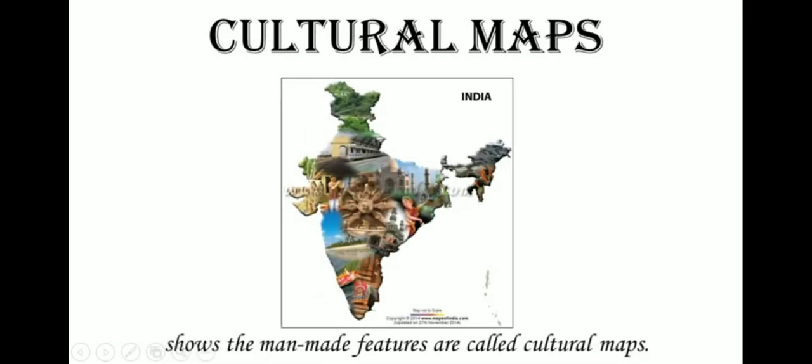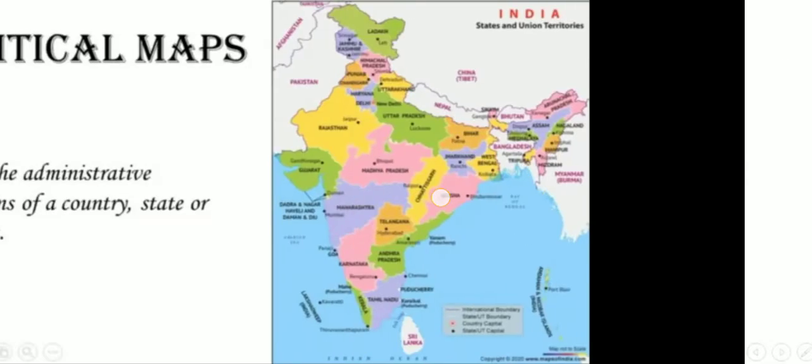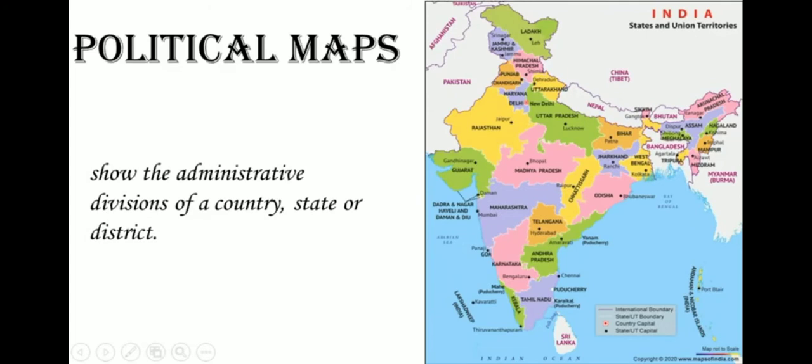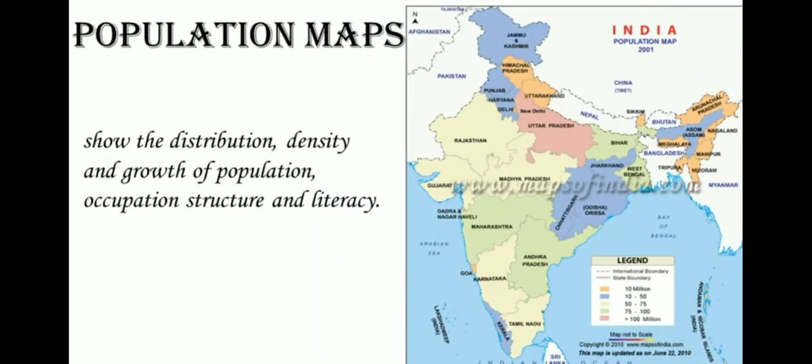Maps which show the man-made features are called cultural maps. Political maps show the administrative divisions of a country, state, or district. These maps facilitate the administration in planning and management of the concerned administrative units.